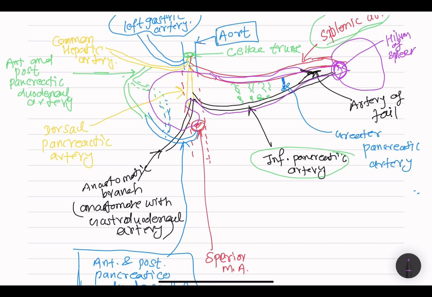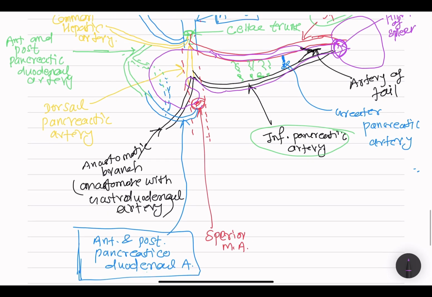And I told you, from the superior mesenteric artery, these branches supply the posterior and the anterior part of head of pancreas. So it's also important to know.